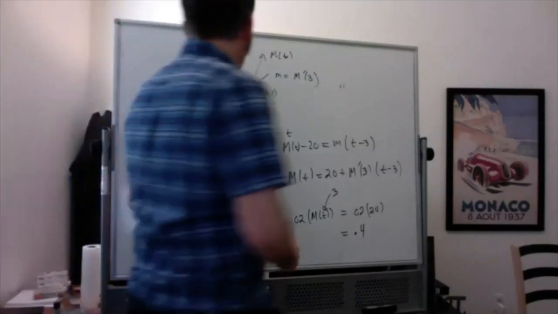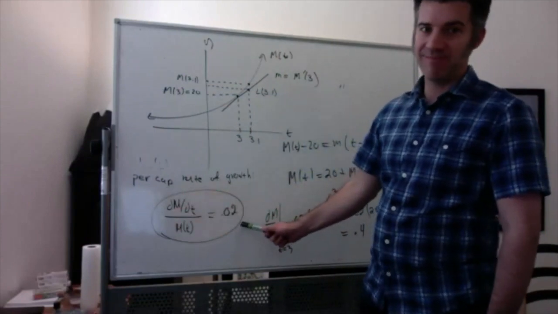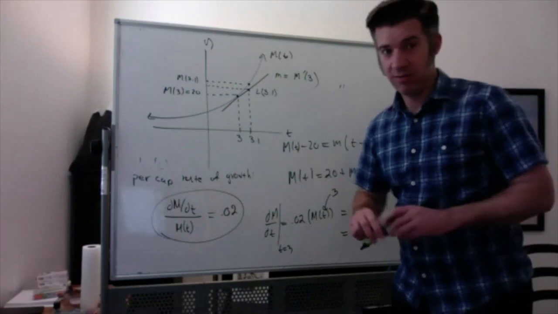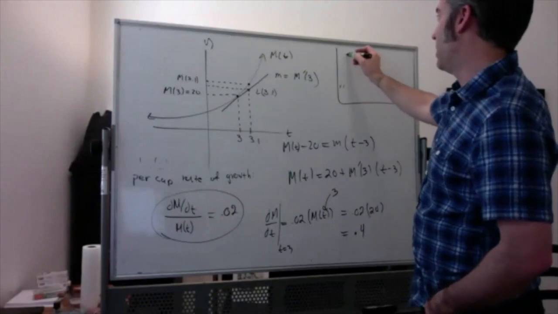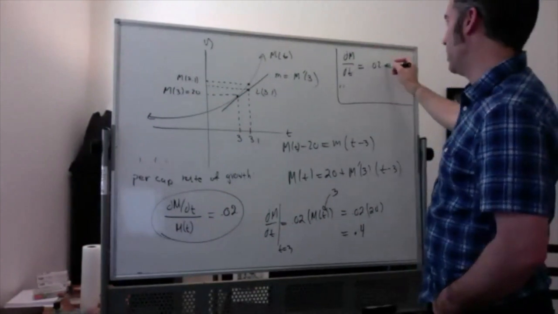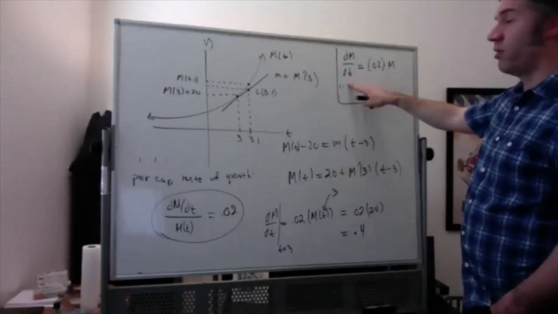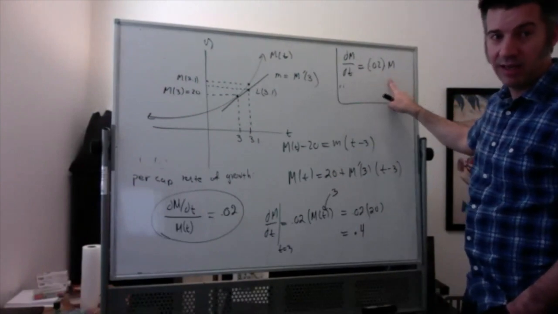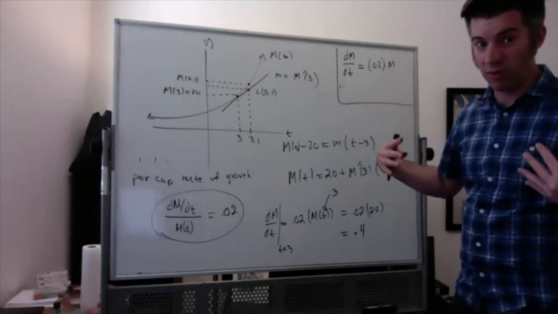Everyone should see this equation and think, I know what that means. Or maybe let me rewrite it so it looks like something you've seen before: dM/dt is equal to 0.02 times M. When you see that the rate of growth is proportional to the population size, that is an indicator that we have exponential growth.